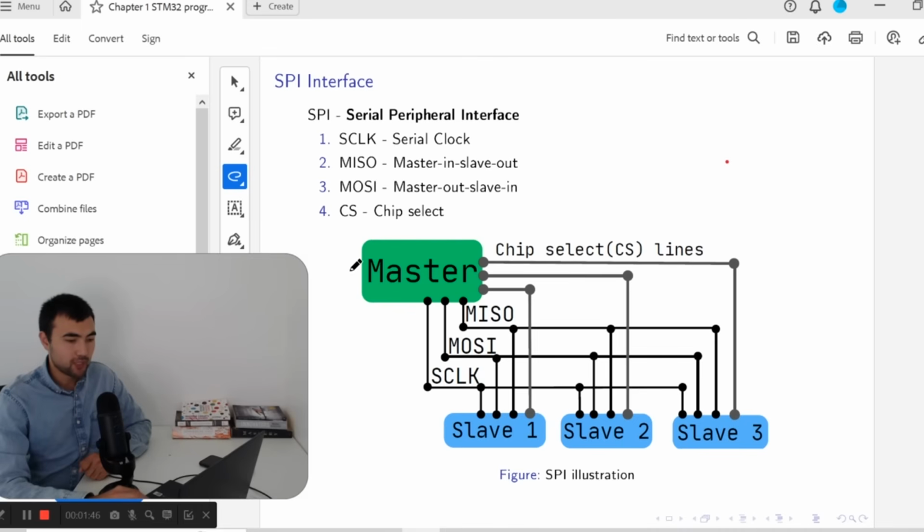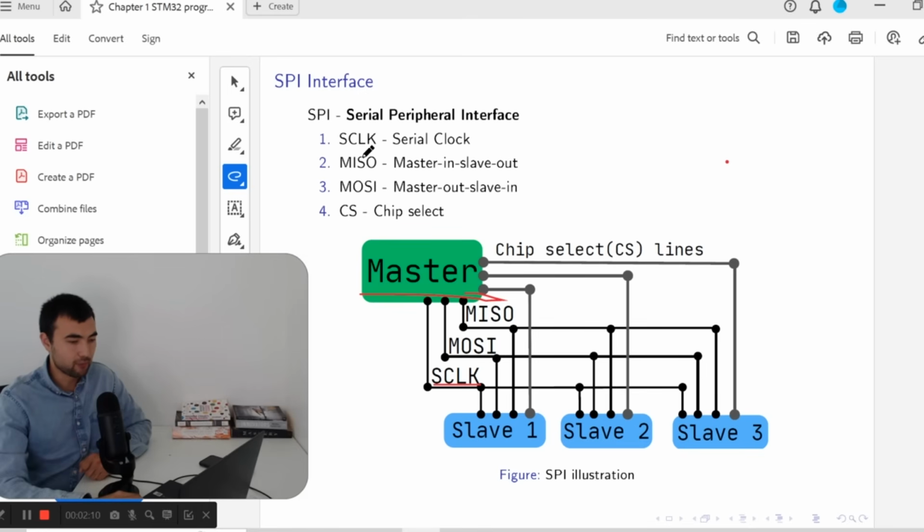So in the SPI interface, we have a master, which is a microcontroller usually, and we might have several slaves or several sensors connected to the same SPI interface. And here we have this wire serial clock, which is to synchronize data.